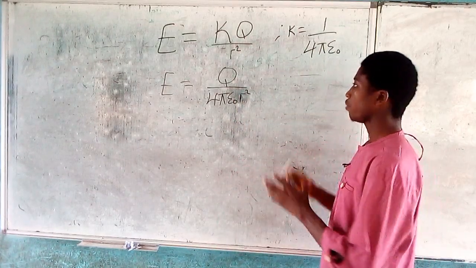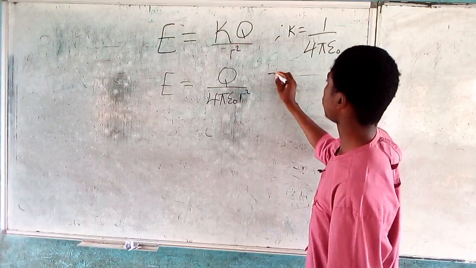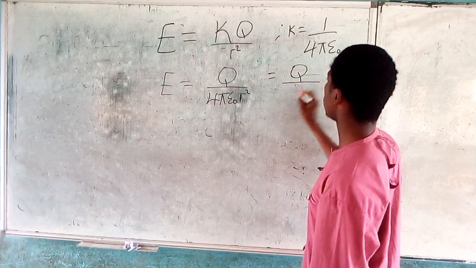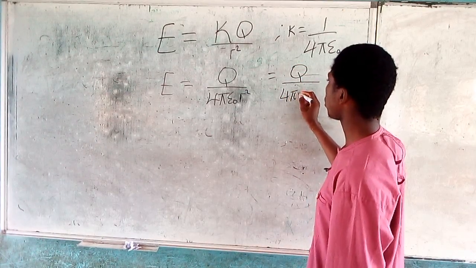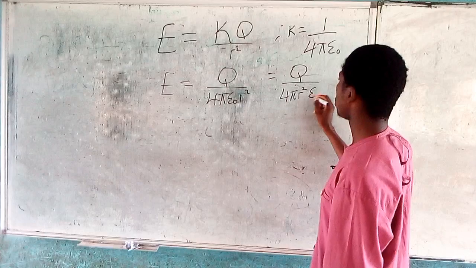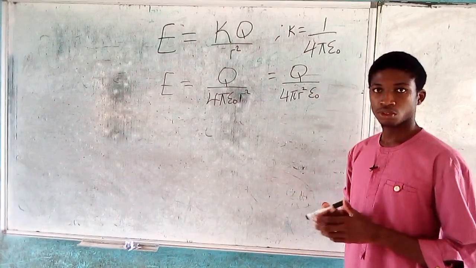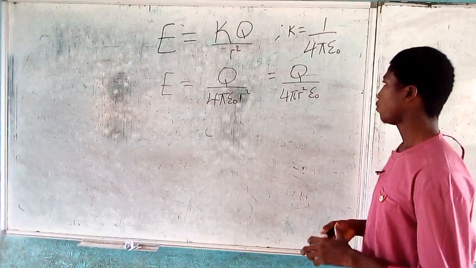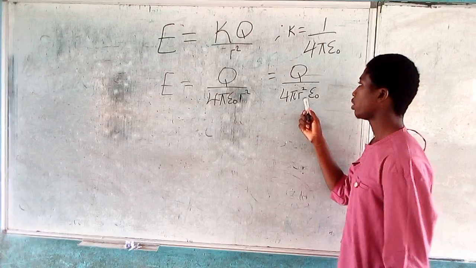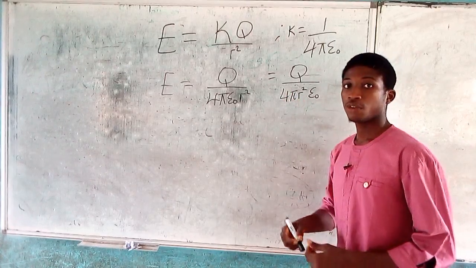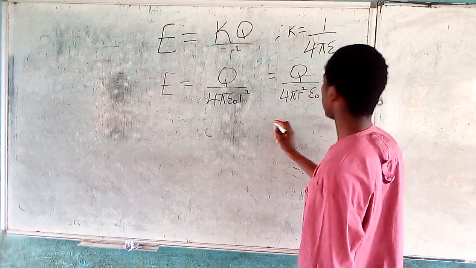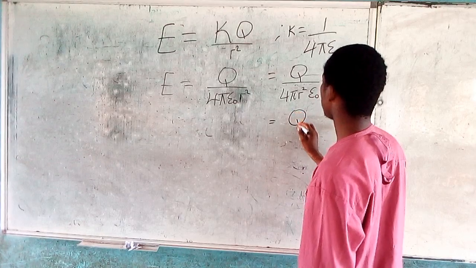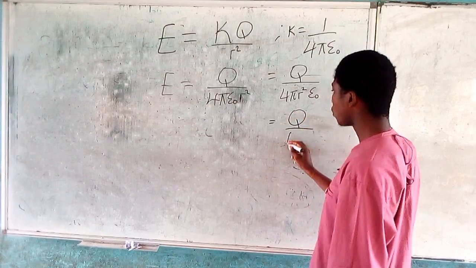If I arrange this well, I have Q over 4 pi r squared times epsilon naught. And if you check, 4 pi r squared is the area of a sphere.